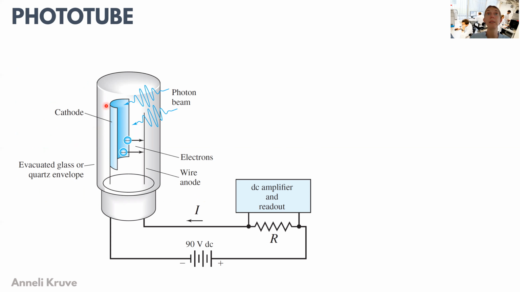So the most classical is a phototube. A phototube consists of a cathode that is covered by a photosensitive material and an anode wire, under a sufficient voltage. The cathode is much larger, and the photon beam that comes through the sample or through the blank is directed to the cathode.